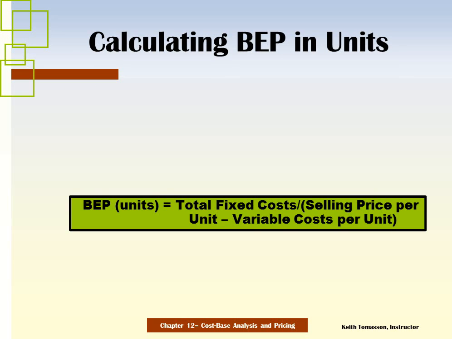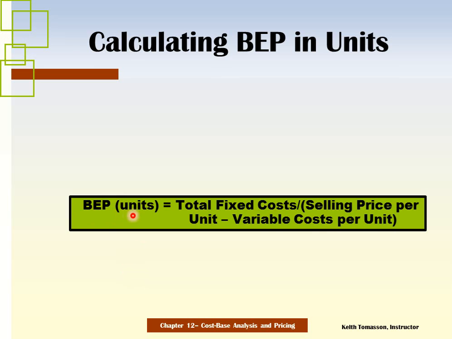So once we've understood the behavior of the cost in our organization, calculating the break-even point is relatively easy to do. And this is the critical formula, and a formula that I would expect you to know to determine what the break-even point is.